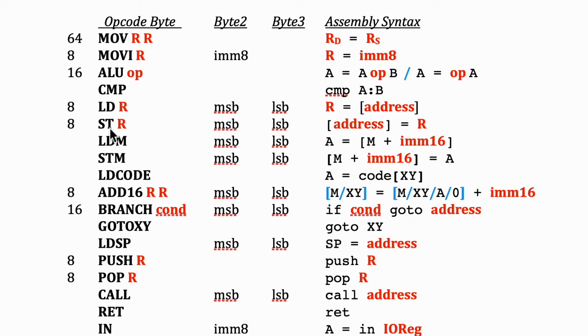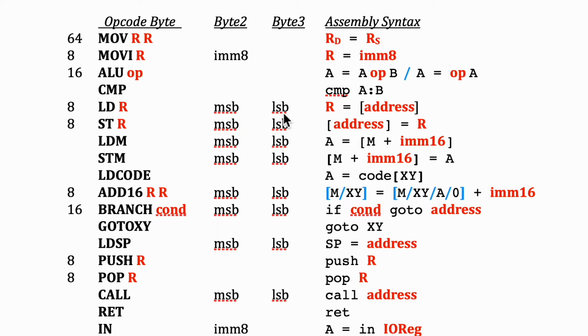Then we have the load and store instructions. Load is used to move a byte from the memory, from the RAM memory in particular, into one of the 8 registers. So there are actually 8 opcodes associated with the load instruction. This is a 3-byte instruction, so the opcode is followed by a 16-bit value.